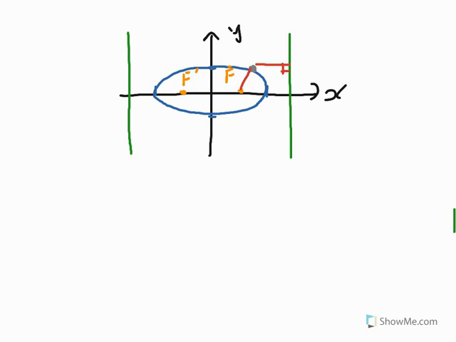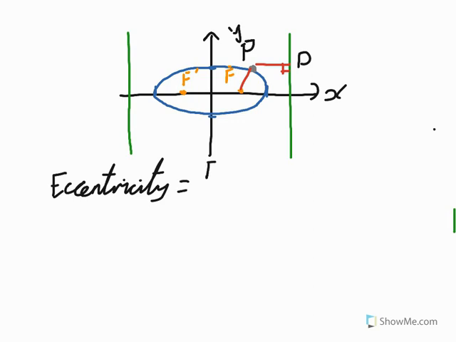So at this point there, we know is point P, and if this point here is point D, so we know that eccentricity is equal to FP over PD, and for an ellipse it's between 0 and 1.